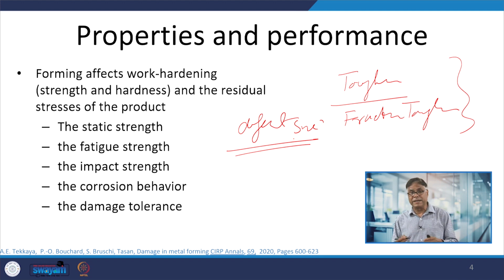Tolerance to the defect size is reduced if the toughness and the fracture toughness are compromised, especially under cold worked conditions, or metal subjected to cold working.